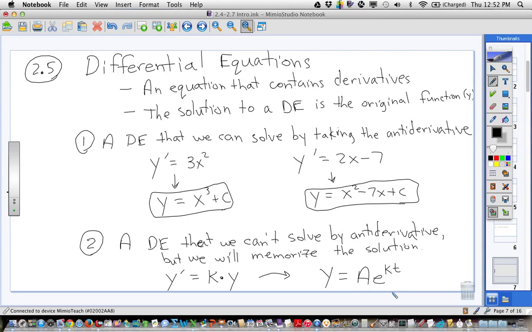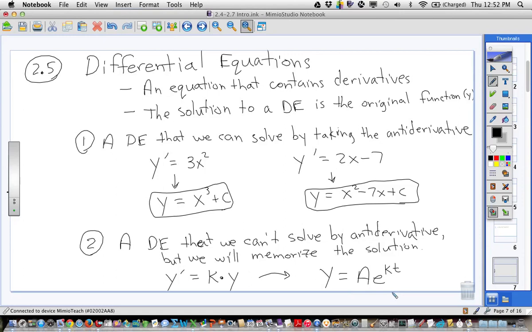If we were going to put this into words, I would use rate of change here instead of slope. What this says is the rate that y is increasing or decreasing, let's say increasing now since we're talking about growth, is proportional to the amount that is there, the amount of y that you have.